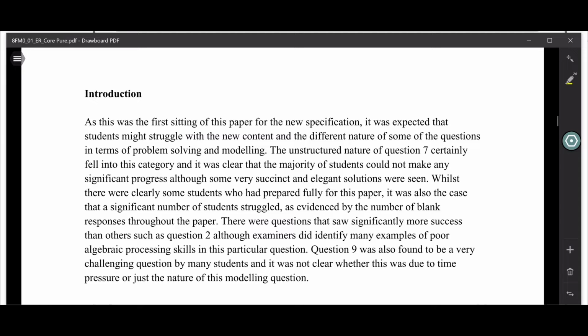Some questions were okay, but students failed to demonstrate sufficient algebra skills. Some questions which involved modelling challenged the students greatly. So, with that being said, let's jump straight into the paper.